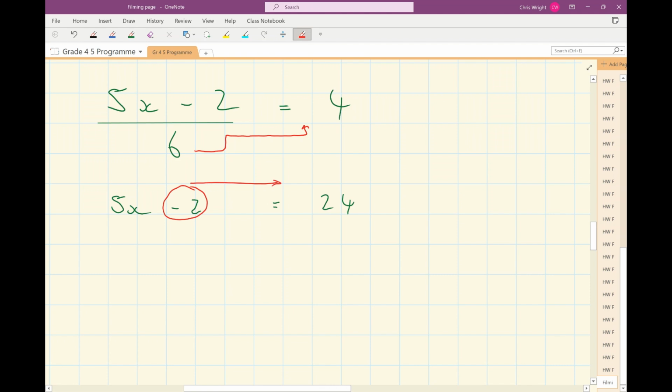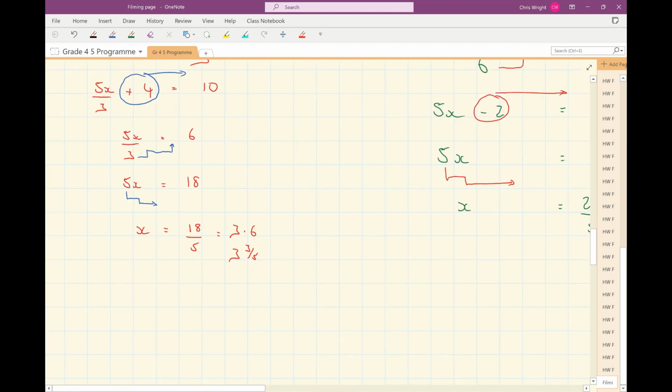Float and ping the minus 2, it becomes a plus 2. 5x equals 26. Let's escalate down that 5. Gives me x equals 26 over 5. And you can do that on a calculator and get 5.2, or 5 1/5.